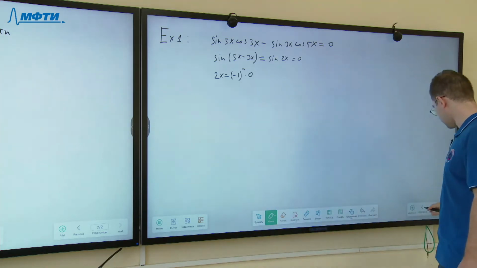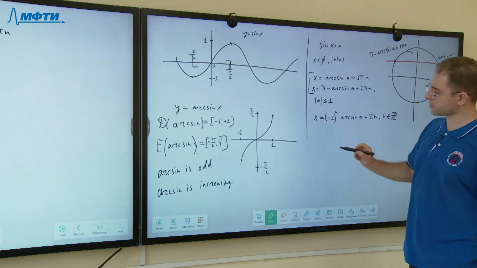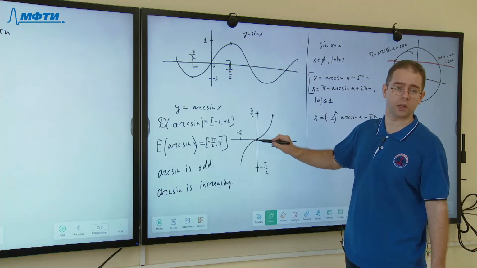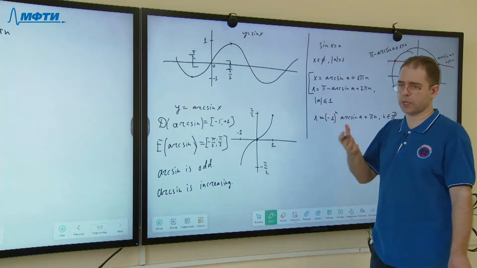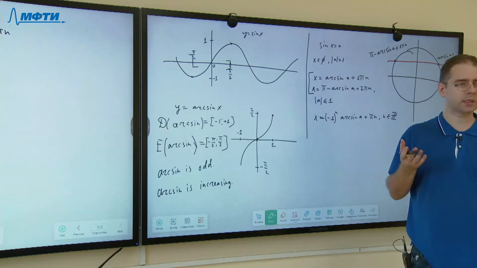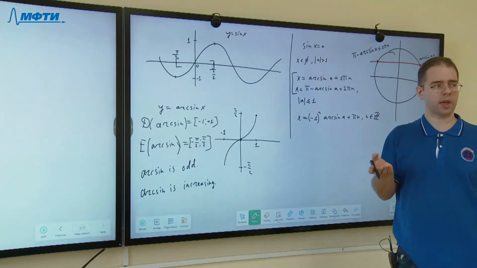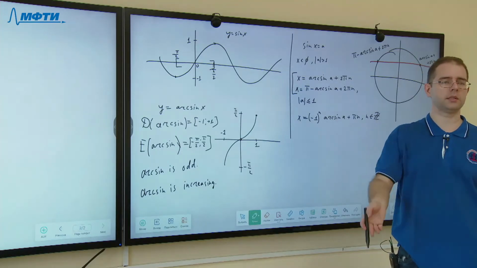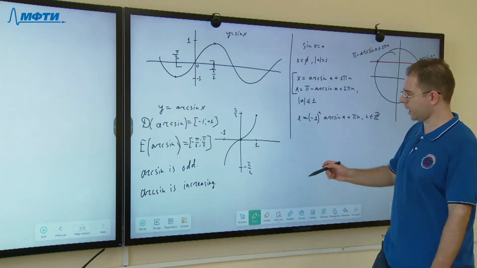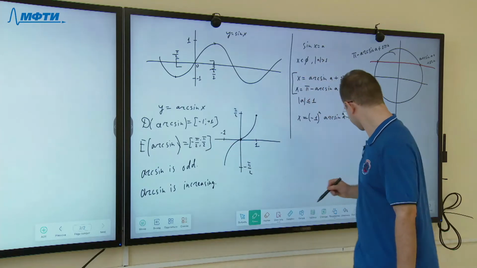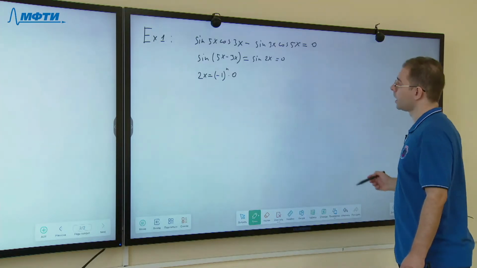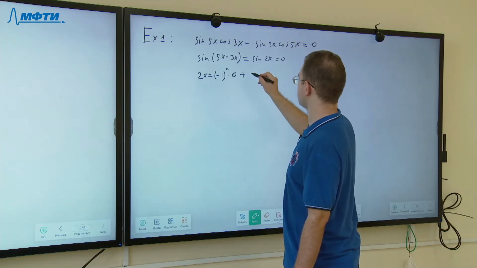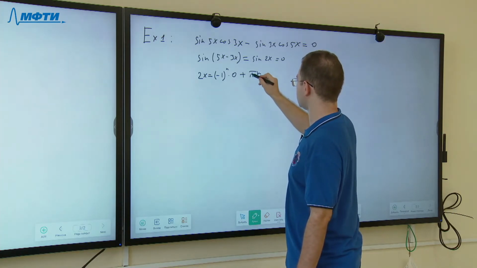Yes, it's just 0. Let me show you. Look. Arcsine of 0 is this point. It's just 0. From the definition, what is the angle such that its sine is 0? This angle is 0. Well, the angle from this interval. Anyway, arcsine of 0 is 0 plus pi n.